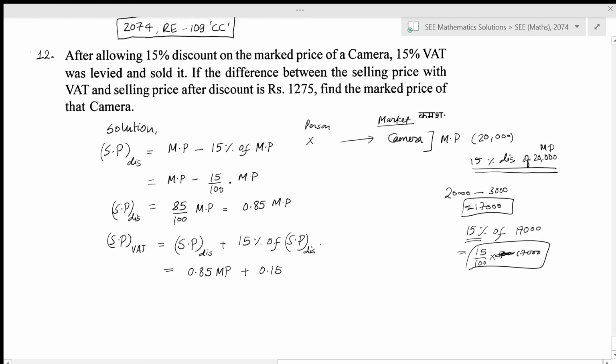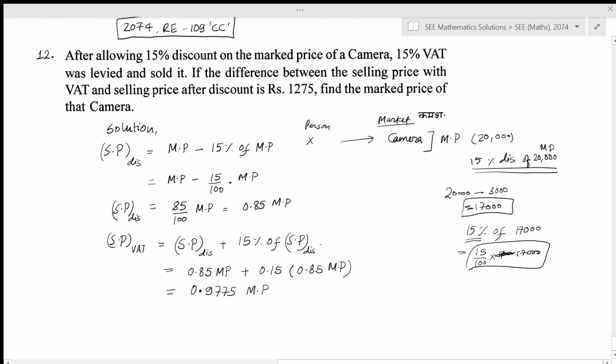If you multiply 0.85 and 0.15 and add it to 0.85, the total value here will be 0.9775 MP, right?